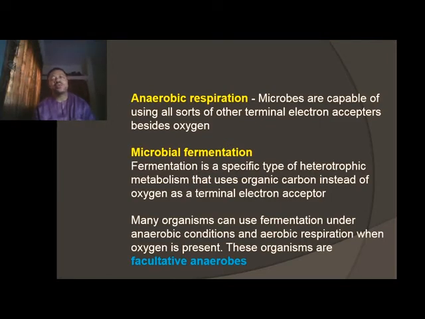Now, I mentioned the electron transport system just now. What happens in the electron transport system, as I said, is that electrons are transferred from one electron carrier to the next. Usually in aerobic respiration, the last electron acceptor, which we call the terminal electron acceptor, is oxygen.